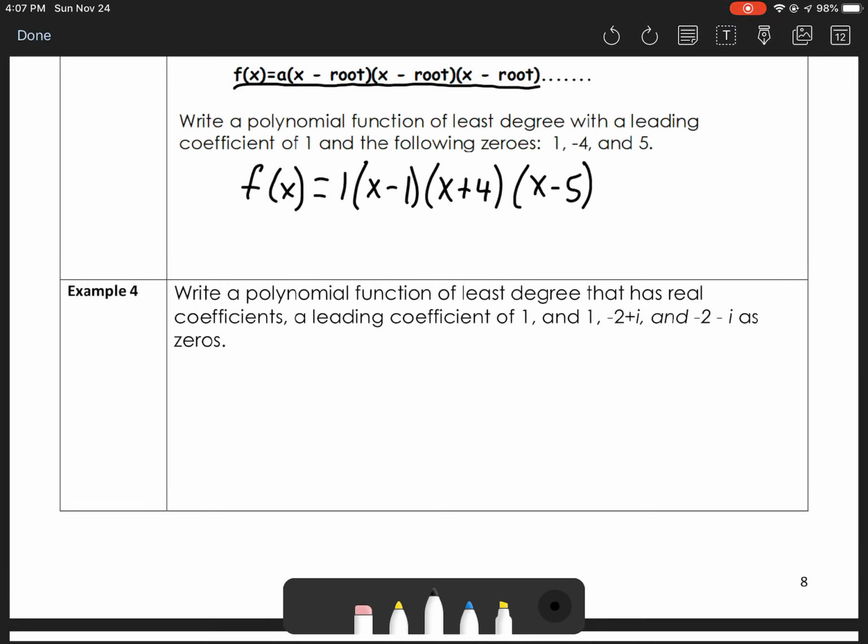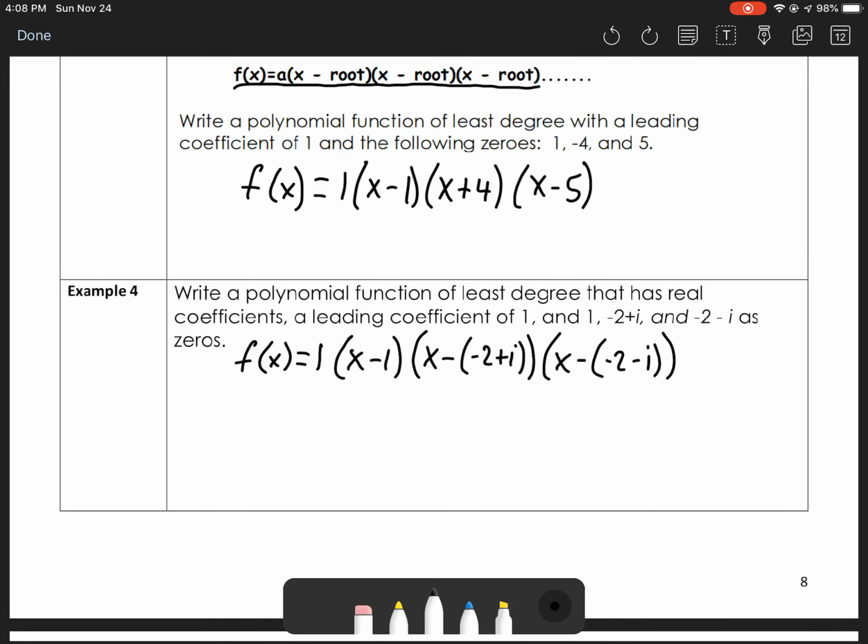So this is going to be f of x equals, the first one is going to be 1 in place of our a, then it's going to be x minus 1, x minus parenthesis negative 2 plus i, we have to be careful for these zeros, and then x minus negative 2 minus i in parentheses.